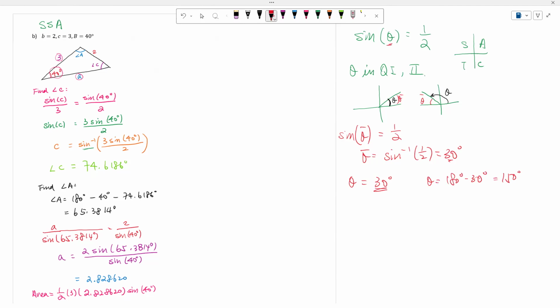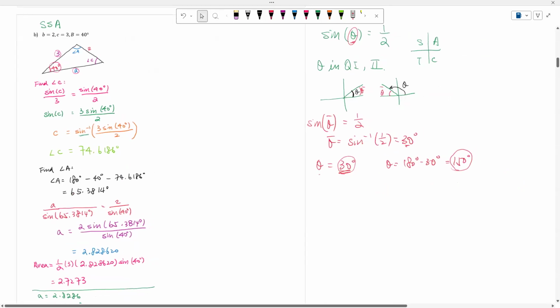So when you solve using the inverse of sine, you will have one angle in quadrant 1 and another in quadrant 2. You will notice these two angles are both less than 180 degrees. Let's try this. Again, with SSA, you always assume that you have two triangles.